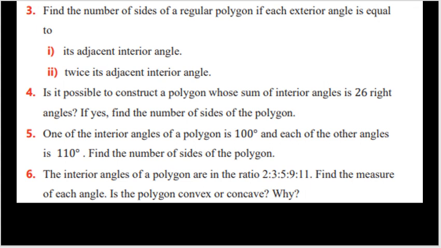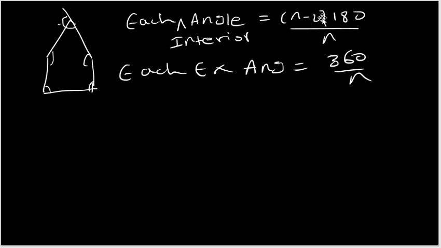It says, find the number of sides of a regular polygon if each exterior angle is equal to its adjacent interior angle. That means these two formulas are equal, and we solve it. Okay, let's do it.